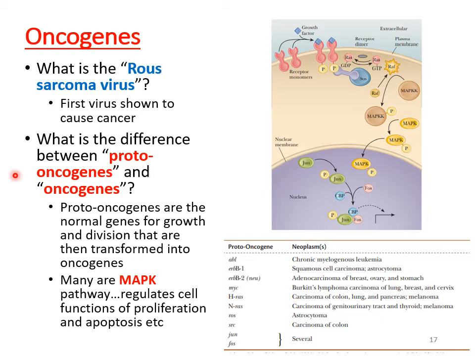And I want you to circle, star, highlight MAPK, as I call them. MAPK pathway and genes are mitogen activated protein kinase pathways, and a lot of the proto-oncogenes that become oncogenes are part of that pathway, because that pathway, which is shown in this figure and listed out in these genes over here, they are responsible for the cell functions that include cell growth, cell division, which is proliferation, and apoptosis.